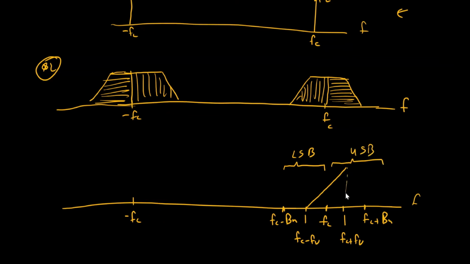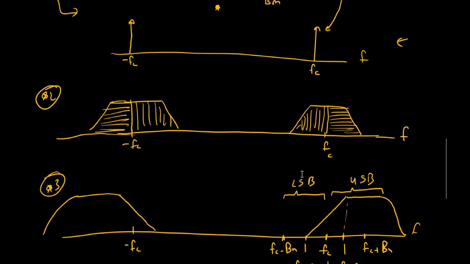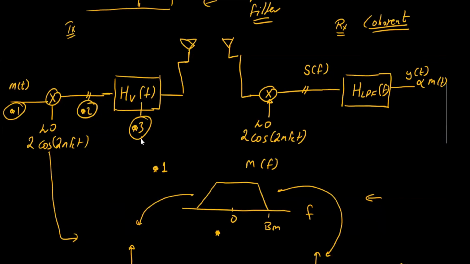So this is FC, the center frequency, and we have this gradual transition from FC minus FV to FC plus FV, and then it would decay down like that. And similarly on the left hand side we have this structure. So this is basically the construction of this filter, which is represented over here.